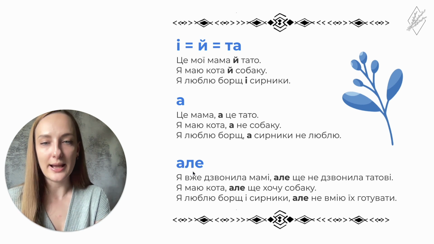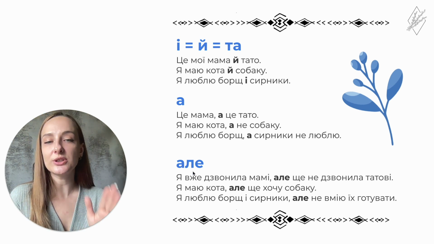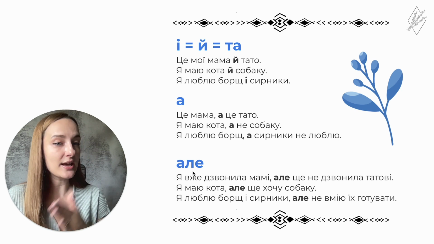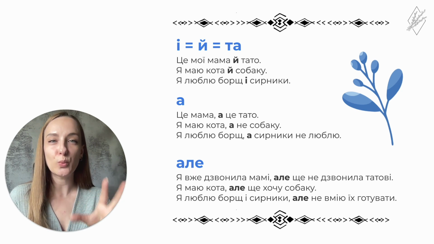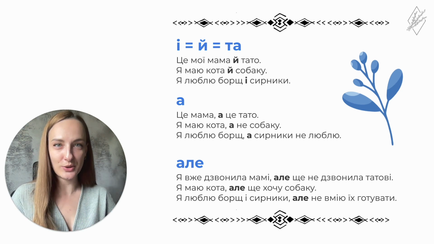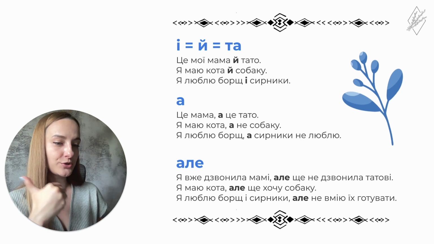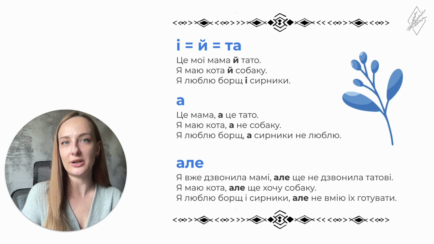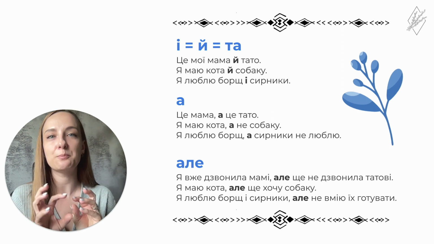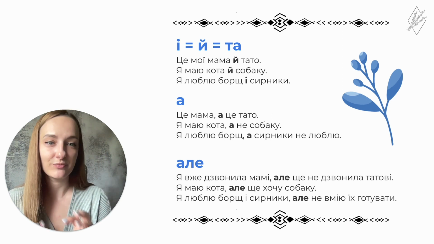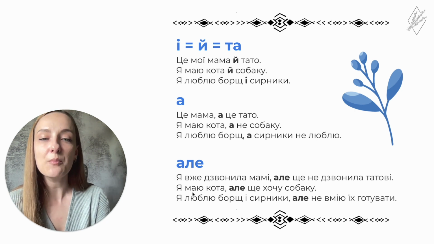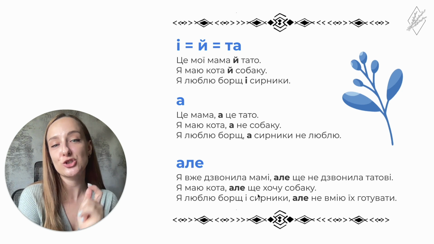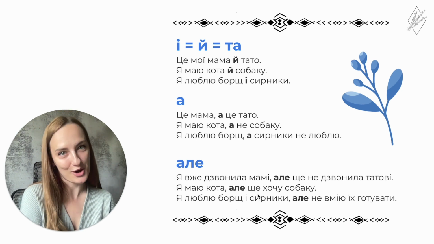Examples for але. Я вже дзвонила мамі, але ще не дзвонила татові. Here we speak about calling our parents, but I have called one parent and didn't call the other one. So here we have like partial opposing. That is why we use conjunction але. Я маю кота, але ще хочу собаку.